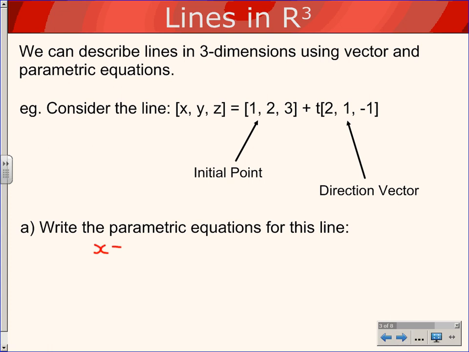We've got our x component, which will be 1 plus 2t, our y component, which is 2 plus t, and our z component, which is 3 minus t. And that doesn't look real helpful. The biggest problem is we've now got 3 equations and 4 variables, so there's an awful lot to deal with. But we'll manage okay.